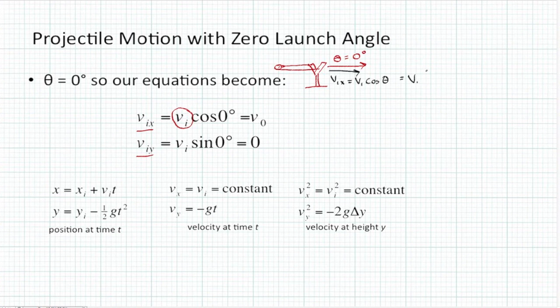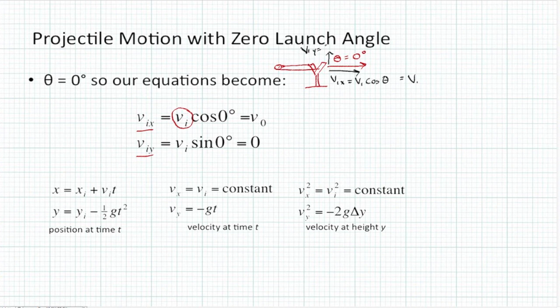Let's contrast that against the initial velocity in the y direction. Look at this for a minute. This bird is being launched out horizontally. Is there any y component of this launch at all? You can see that that red velocity vector has no vertical component at all.